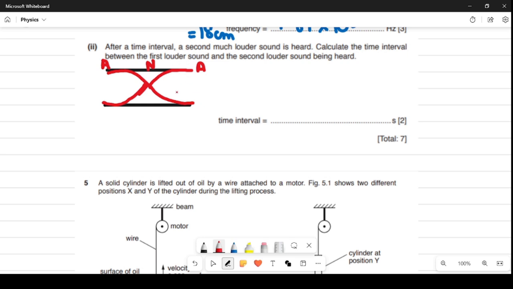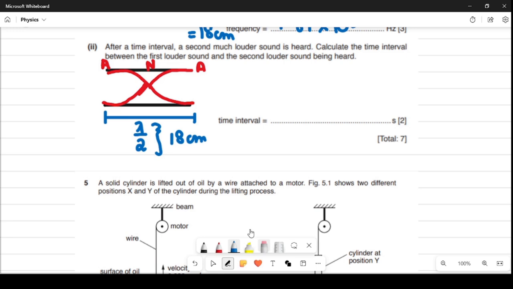We will now be using this formation. We know that the distance between two consecutive nodes or two consecutive antinodes will always be equal to lambda by 2. So lambda by 2 we know we've calculated is 18 centimeters.